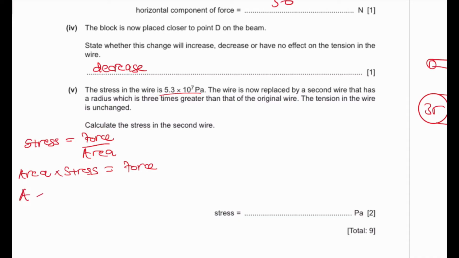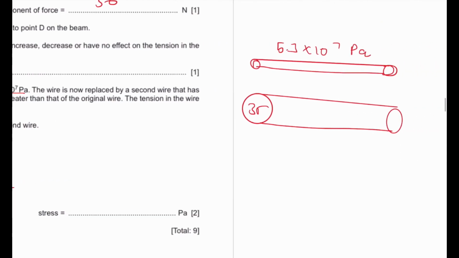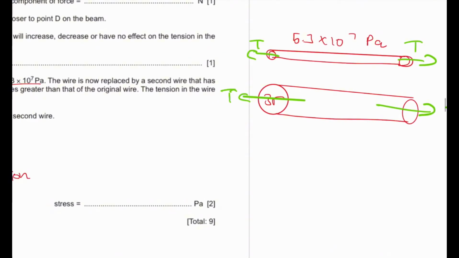Your area is A, your stress is 5.3 times 10 to the power of 7, and that is equivalent to your force, which is your tension. The tension acting on this wire is the same tension acting on that wire.